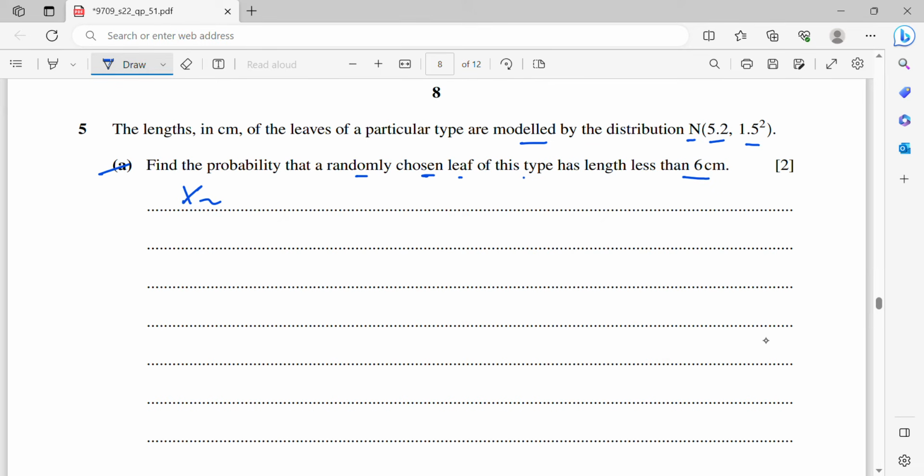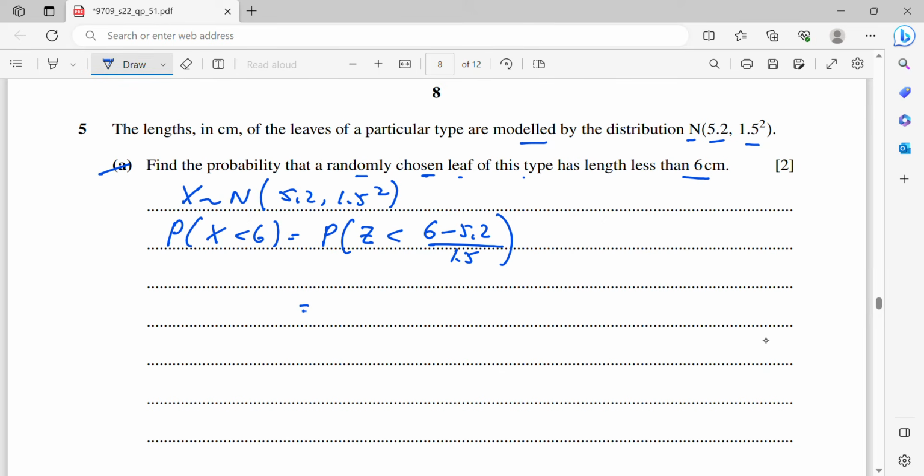So here X is normally distributed, mean 5.2 and variance 1.5 squared. Now you need to count P(X less than 6). So standardize it. So when you standardize, you use 6 minus 5.2 over standard deviation. So standard deviation is basically 1.5. Ignore the square.